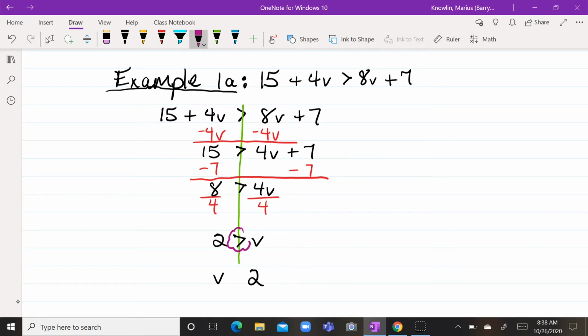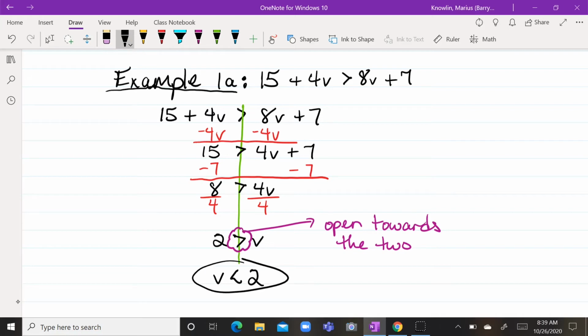Right now the mouth is open towards the 2. So when we rewrite it and put the variable on the left and the 2 on the right, the mouth still has to be open towards the 2 no matter what.